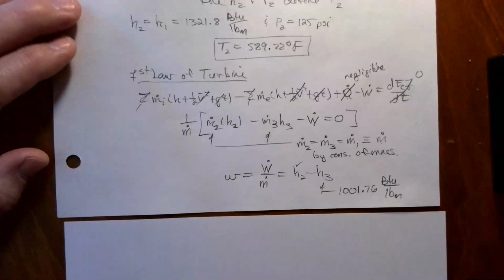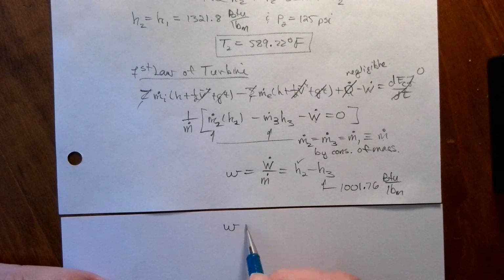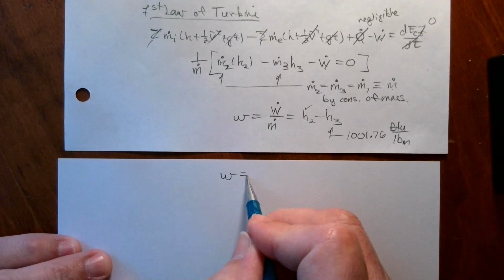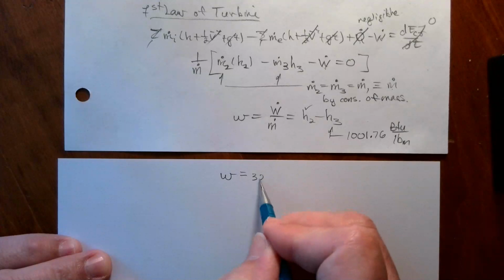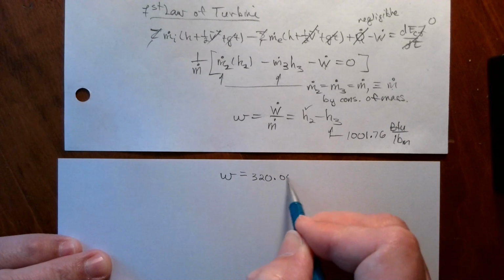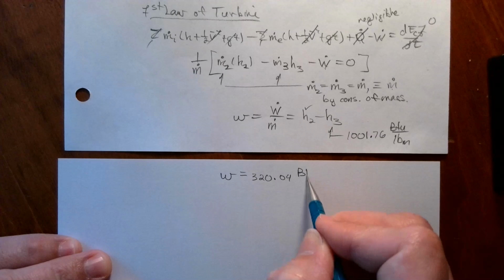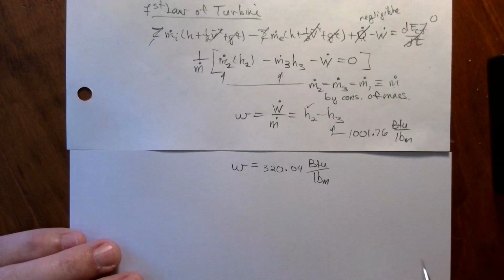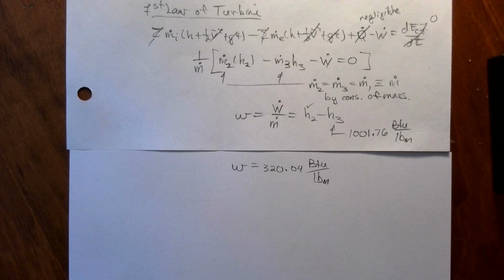H2 we've already figured out is H1, so our final answer is W equal to 320.04 BTUs per pound mass. So for every pound mass of steam that flows through the throttle and the turbine, there are 320 BTUs of energy generated through the rotating shaft.